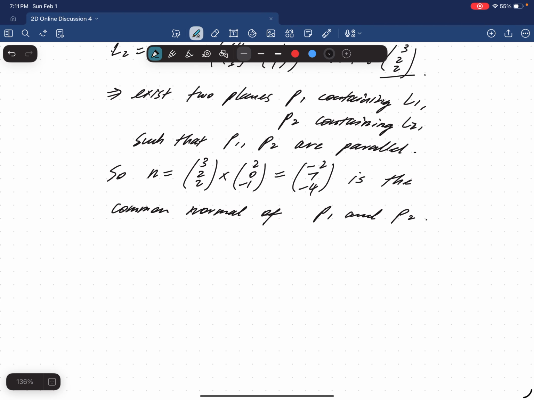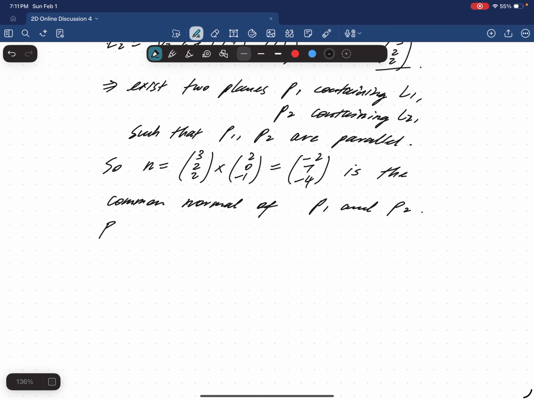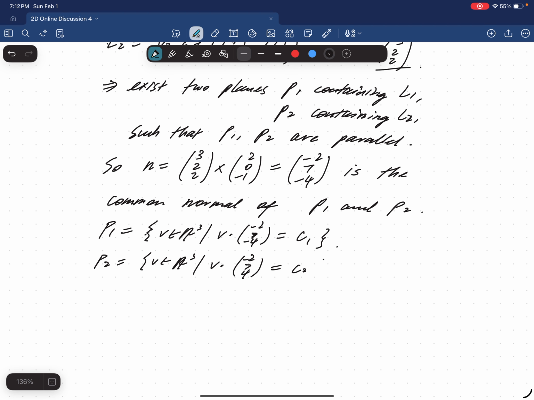Right. So now we know that P1 looks like all the vectors V in R3 such that V dot my normal n equals some constant C1. And my P2 looks like all the V's in R3 such that V dot (-2, 7, -4) is some constant C2.